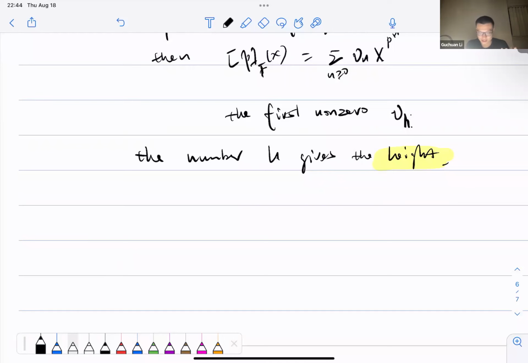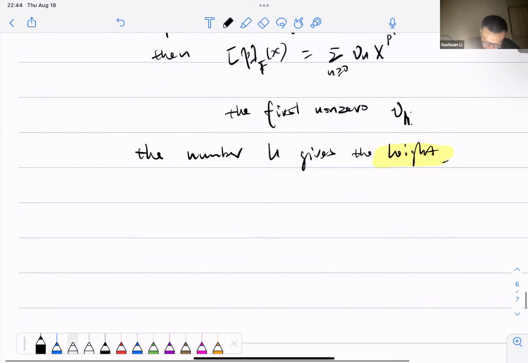Okay, so this is the definition for the height. And height is important from the algebra side. The reason is it completely determines the formal group law if you are in a nice situation.